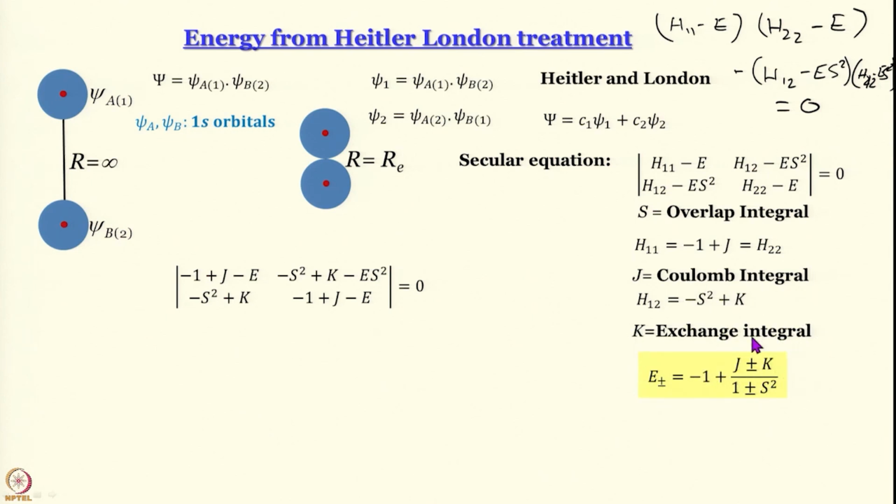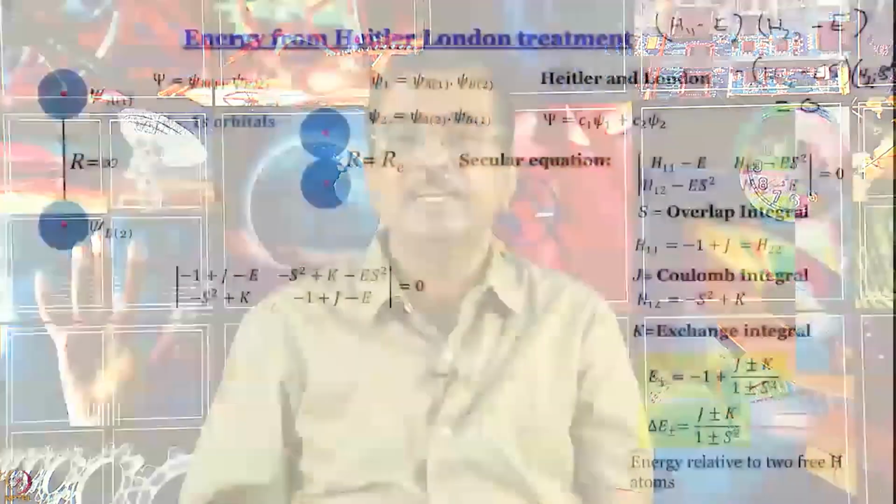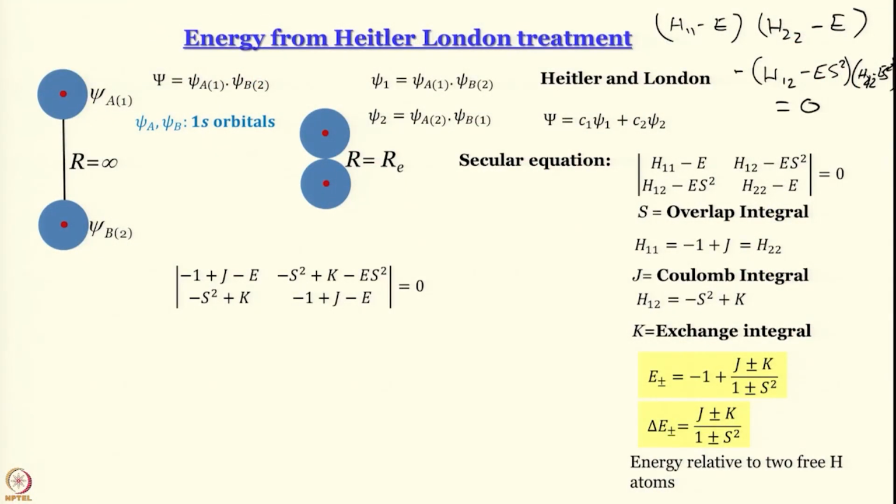This is one expression that you should perhaps know. The confusion that usually arises is where is the plus minus, here or here, remember where the plus minus is. Now, what is minus 1? Minus 1, if you remember, is the energy of these free hydrogen atoms, right. So, if I just subtract that from E plus minus, then I get delta E plus minus, that is the energy relative to the 2 free hydrogen atoms, okay.